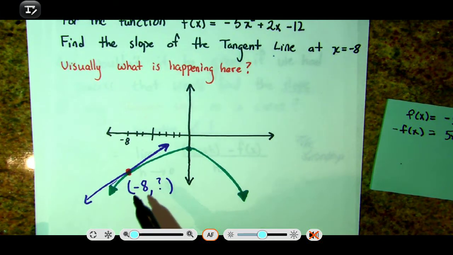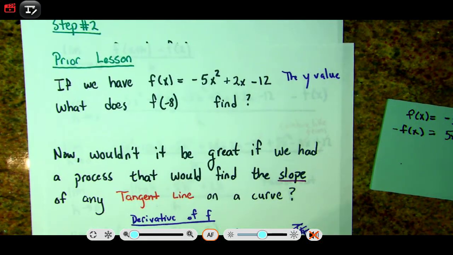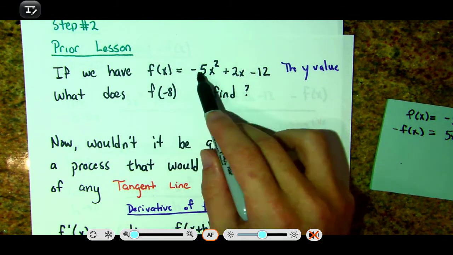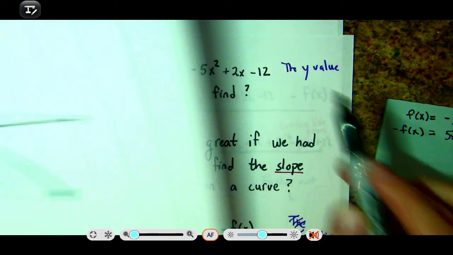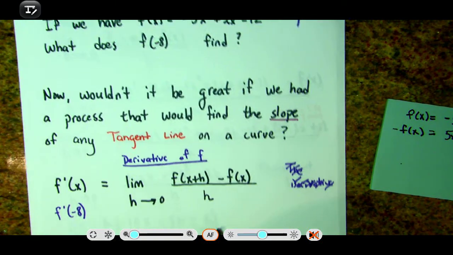If you need to rewind and hear that again, please do. I'll say it one more time. When we plugged in negative 8 into the original function, it gives us that y value. But what we just did is we found the derivative of this function f of x.